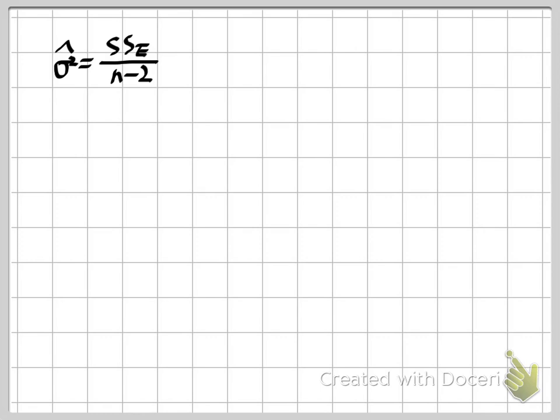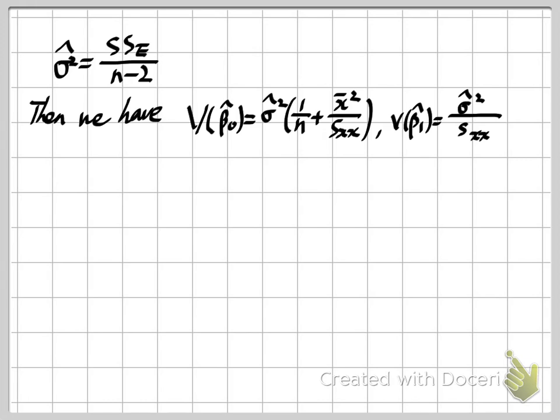If we plug in this equation, we use this estimator to substitute for sigma square, and the variances of beta 0 and beta 1 become these two equations. So this is about the variance.